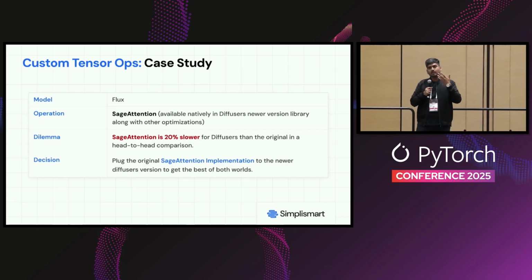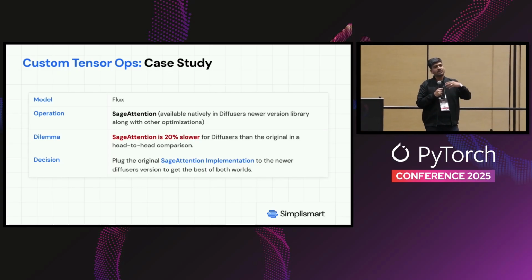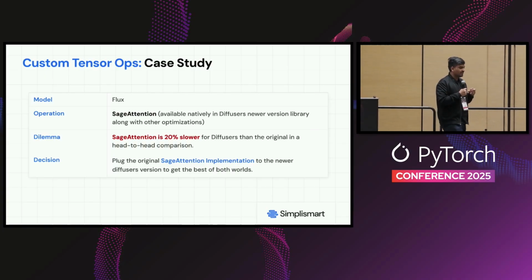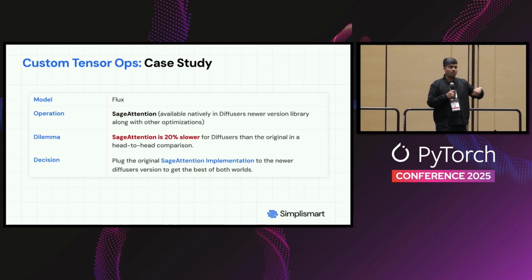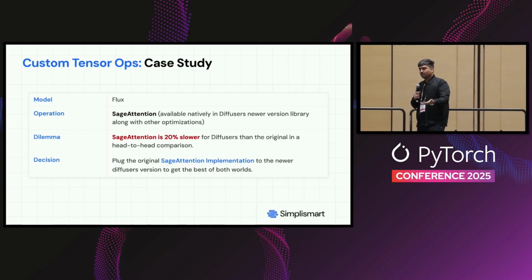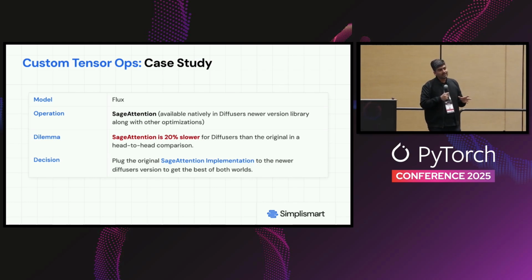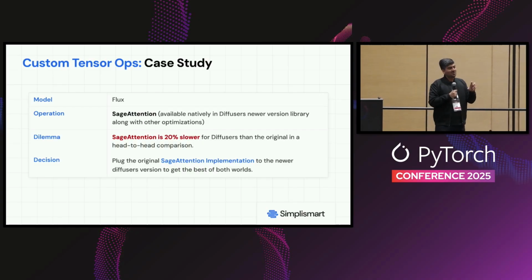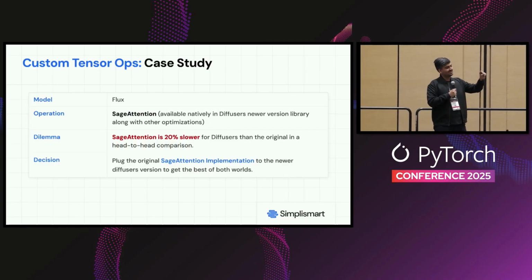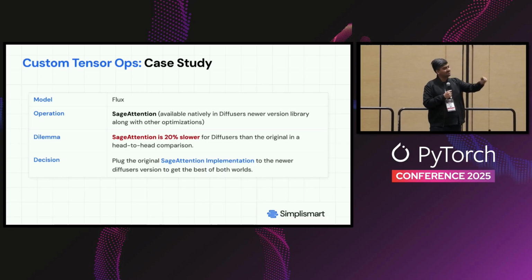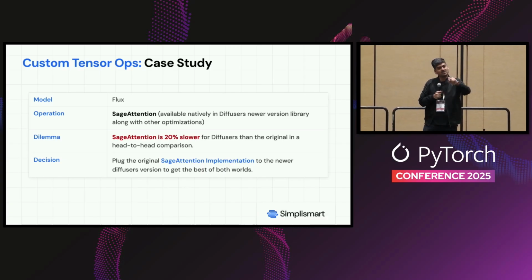Recently, diffusers came out with a newer version, which gave Sage Attention out of the box. What this entailed was you could use it directly from diffusers and with some new features. But when we did a head-to-head comparison of Sage Attention, we figured out that the original implementation of the paper is actually 20% faster than what diffusers exposes natively.